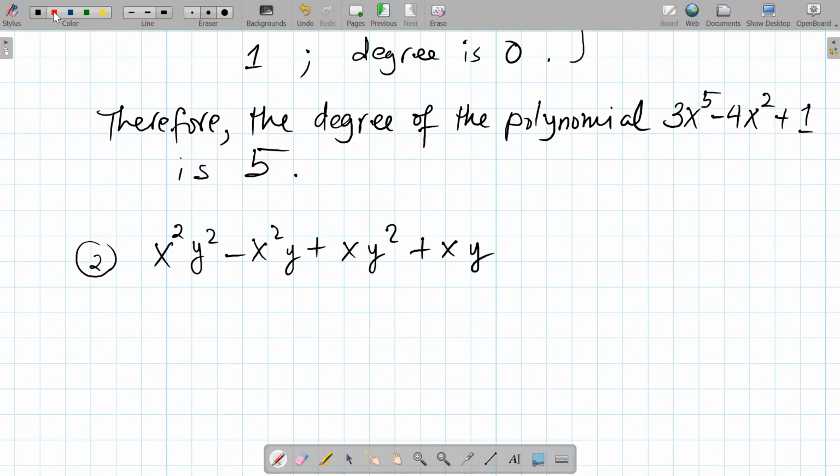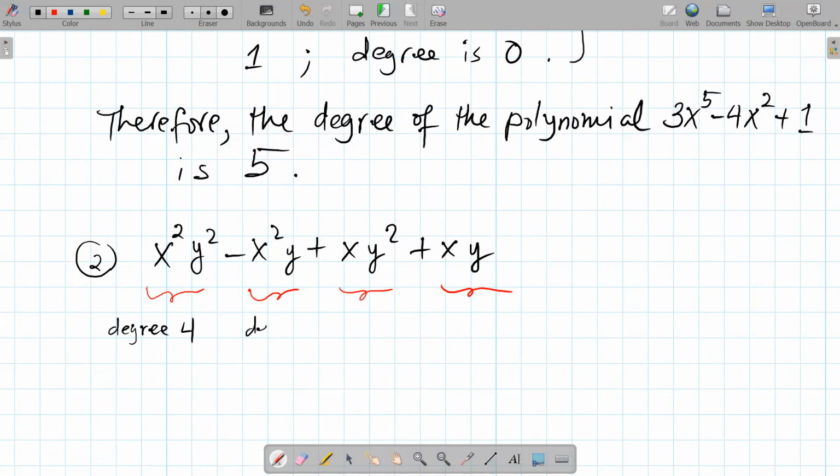If you look at this carefully, you will see that the degree is 4 here, because when I sum 2 and 2, it gives me 4.